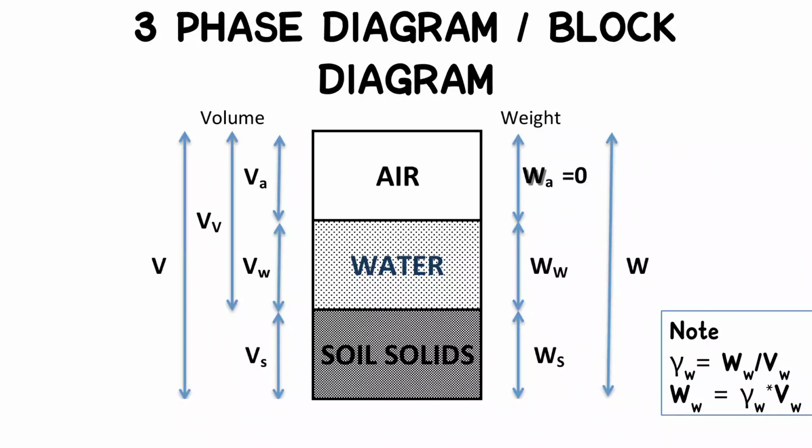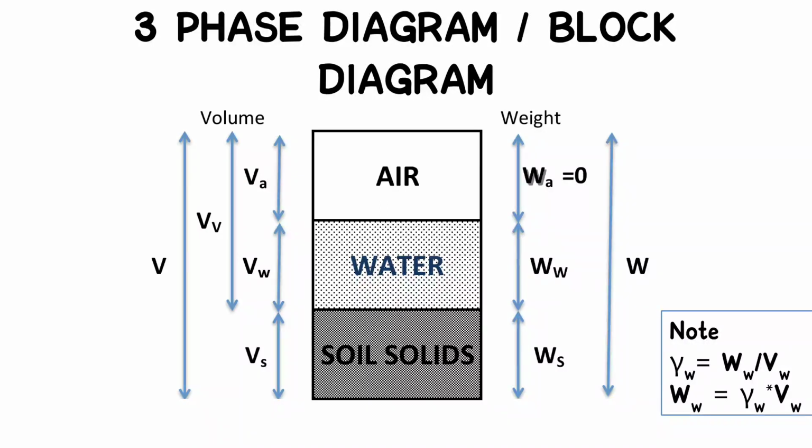So when you're calculating, if we have the weight of water, Ww, you can easily obtain Vw as Ww divided by gamma w. Similarly, if we have the volume of water, the weight of water will be equal to gamma w times Vw.